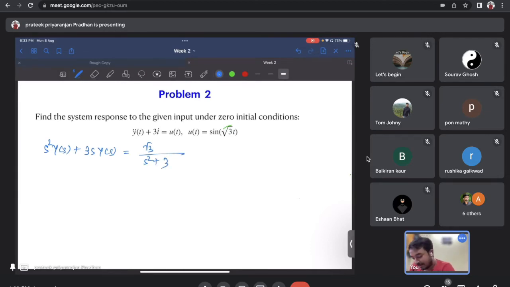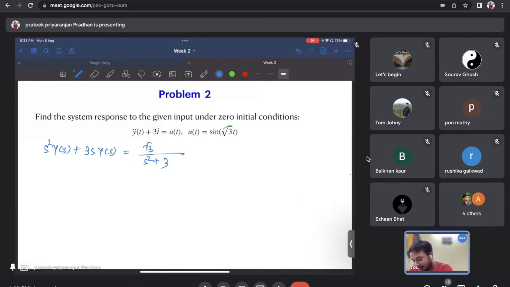And this term, never neglect this term under zero initial conditions, because that is why the y double dot t has this Laplace transform. Otherwise, it would be having some other terms as well. So let's not go deep into that.